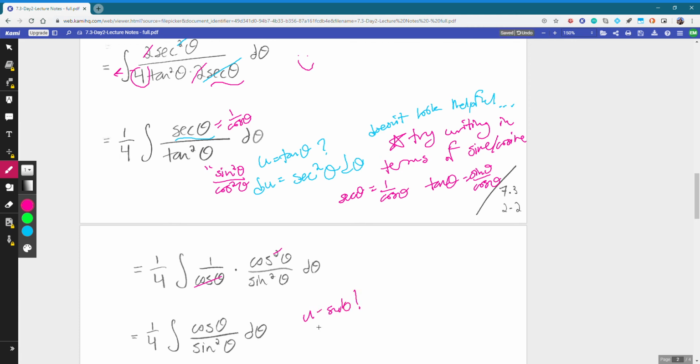The idea here, what's different than the situation just a few moments ago when we had tangent squared on the bottom, is now if we let u be sine theta, the derivative there, cosine theta, is actually exactly hanging out up top. And so a u sub should gobble things up nicely and simplify to a form that we can integrate.